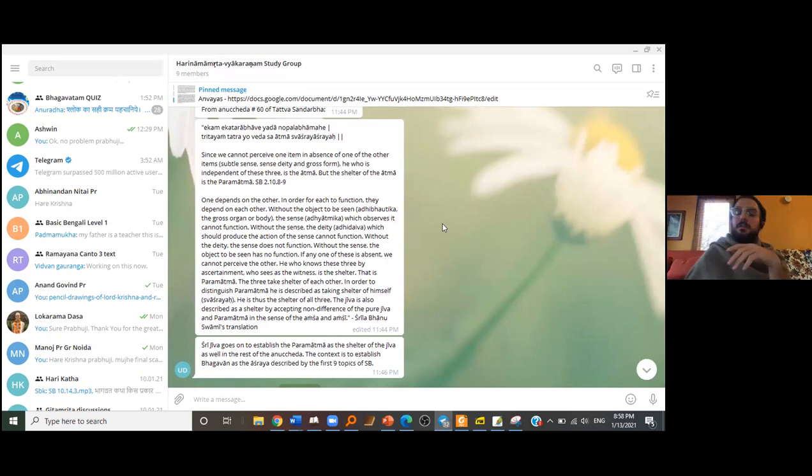So in other words, the potential is there, but their functioning doesn't happen because there's nothing to perceive. So basically the senses depend on the sense objects, right? Yes, in order for them to actually reach the completion state of their function, they need something to be perceived.